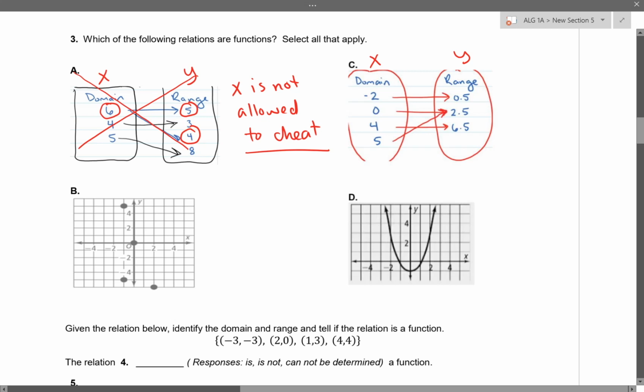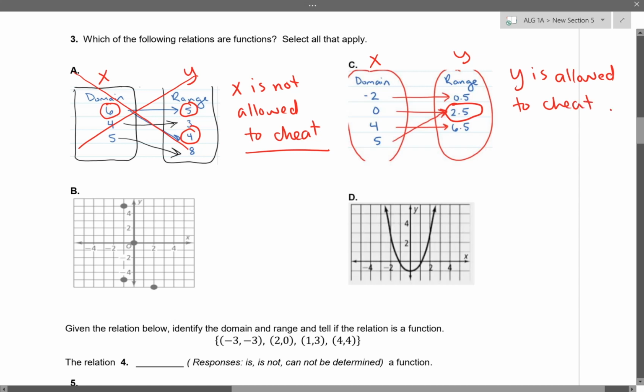Well, -2 is only with 0.5, so that's good. 0 is only with 2.5, that's good. 4 is only with 6.5, and 5 is only with 2.5. Now, the question, 2.5 has 0 and 5. Is that allowed? Yeah, it's allowed because y is allowed to cheat.